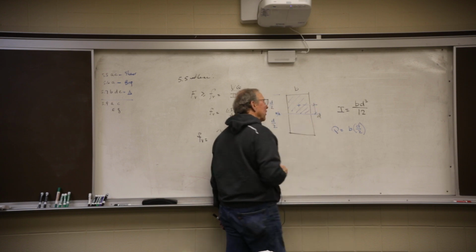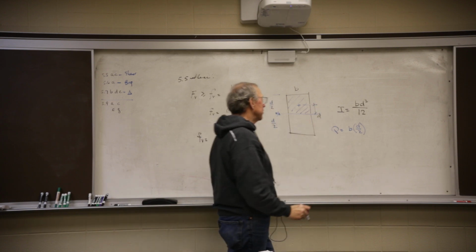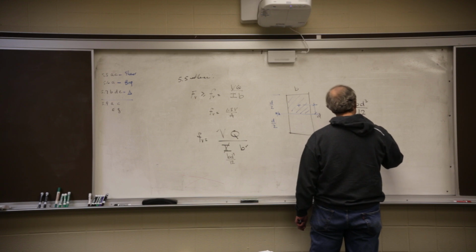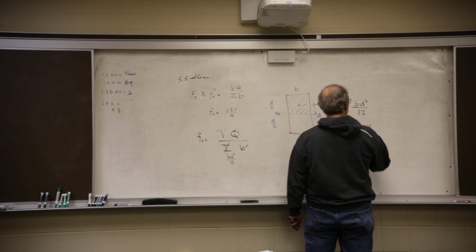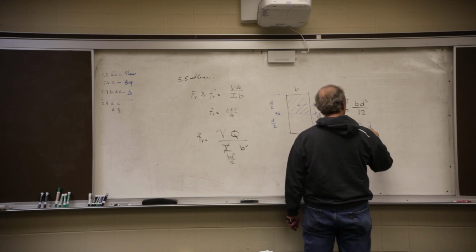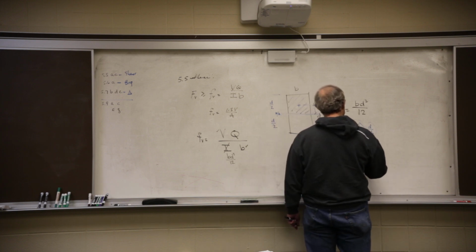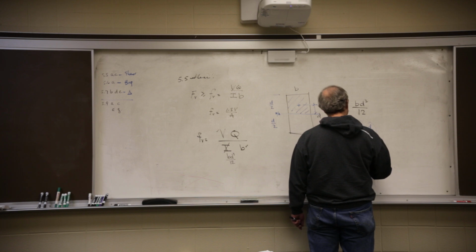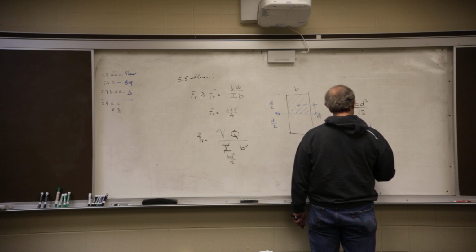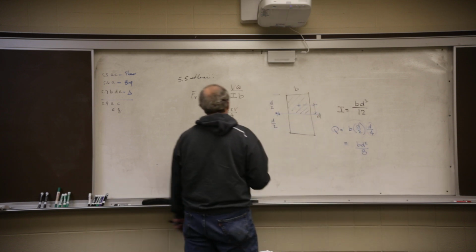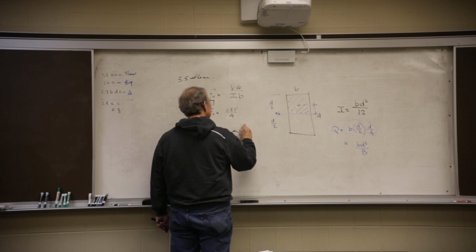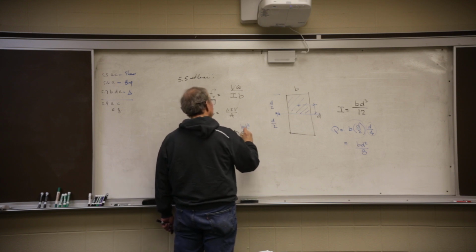It looks like D over 2 divided by 2, which is D over 4. So there's the area, there's the arm. So if I take that and run it through, it's BD squared over 8. Come over here, BD squared over 8.